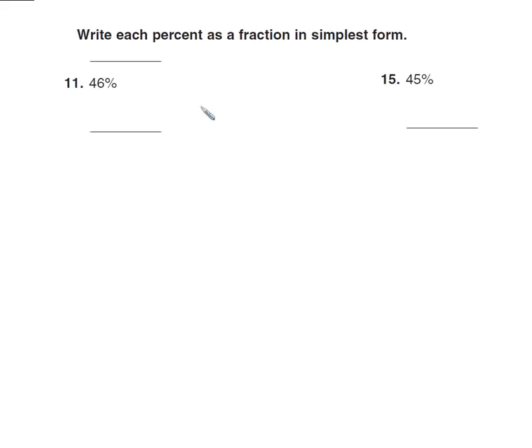Now they want us to write each percent as a fraction in its simplest form. So we have 46%. That's the same as 46 hundredths. Now can I simplify? They're both even, so they're both divisible by 2.